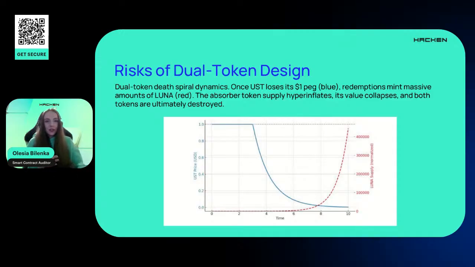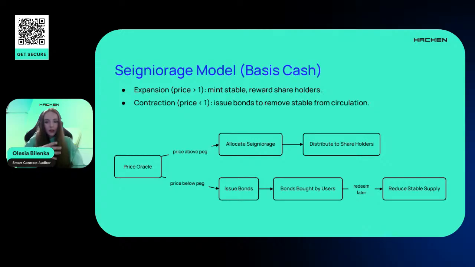The next model is the seigniorage model. Here, when the price is above $1, new coins are created and sent to investors. But when the price drops, the system issues bonds to remove coins from the market.